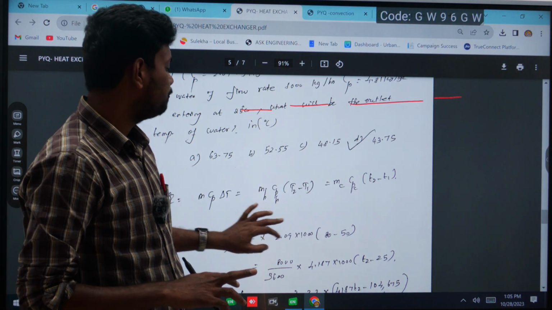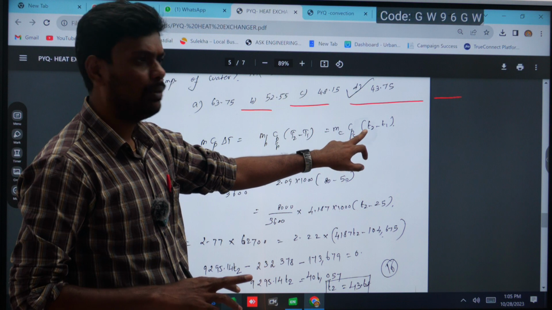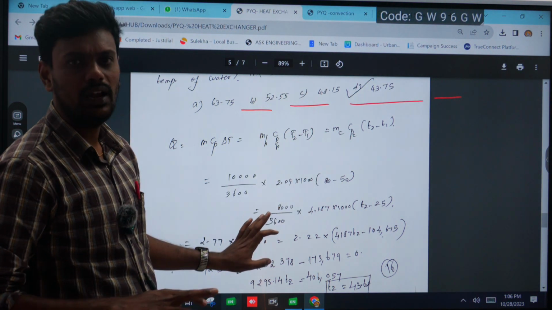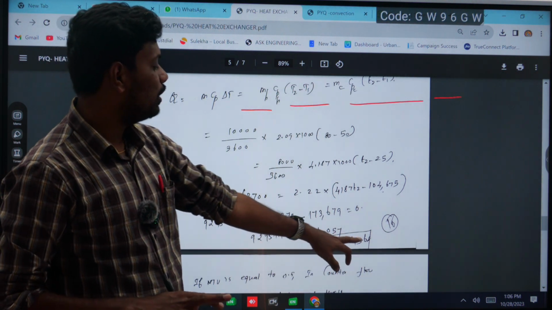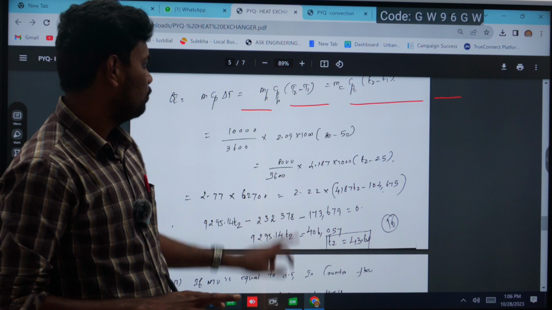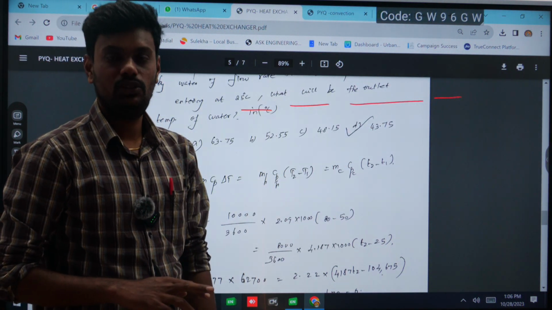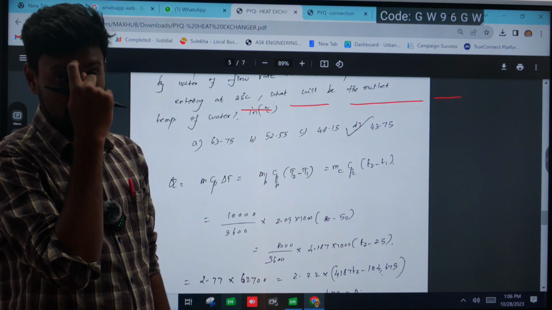If I substitute all the values in the formula, I can find the exit temperature of the cold fluid, water. It is a simple calculation, and I am getting T2 as 43.68 degrees Celsius. The answer option is given as 43.75. This type of problem has been asked many times in previous year question papers.